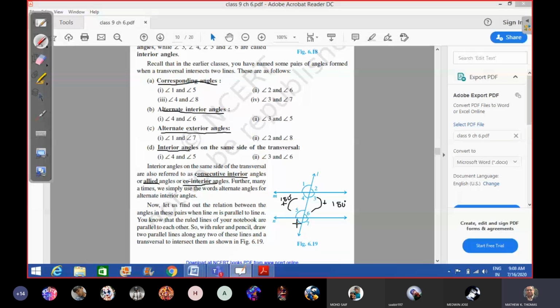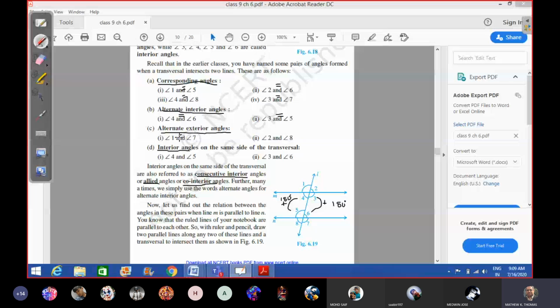Corresponding angles: angle 1 is equal to angle 5, 2 is equal to 6, 4 is equal to 8, 3 is equal to 7. All these are equal. Alternate interior angles: 4 and 6 are equal, 3 and 5 are equal. Then alternate exterior: 1 is equal to 7, and 2 is equal to 8.